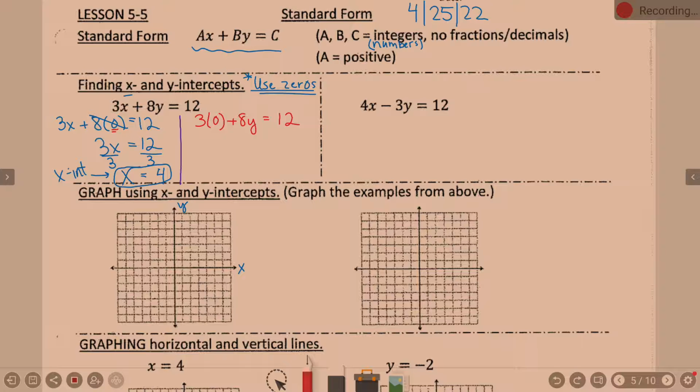What is 3 times 0? 0. So that's gone, leaving me with 8y equals 12. If it's 8 times y, we are going to divide by 8. y equals 12 divided by 8.